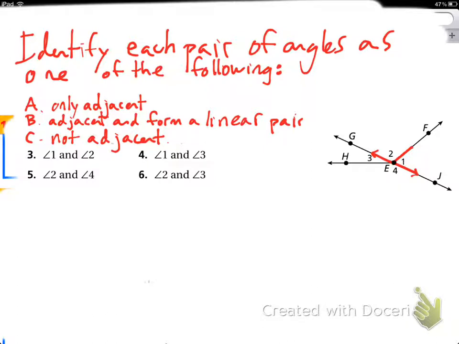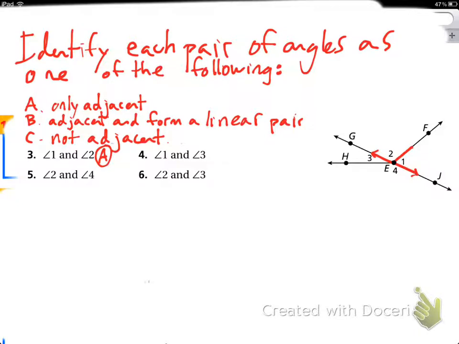And you can see that we now have those opposite rays there. So that is going to be adjacent and form a linear pair. For number 3, say A.